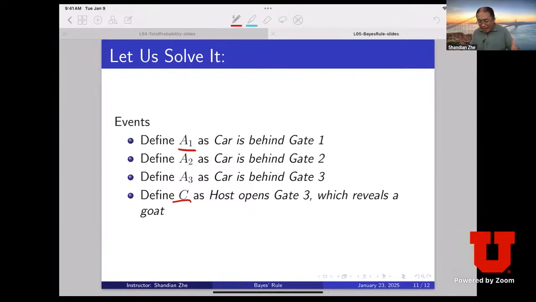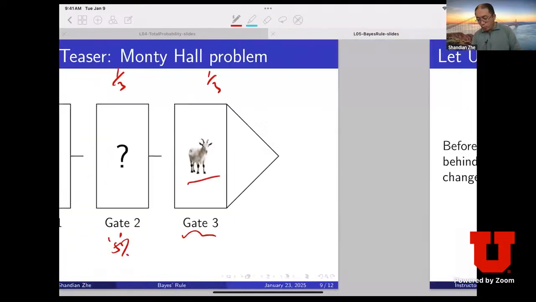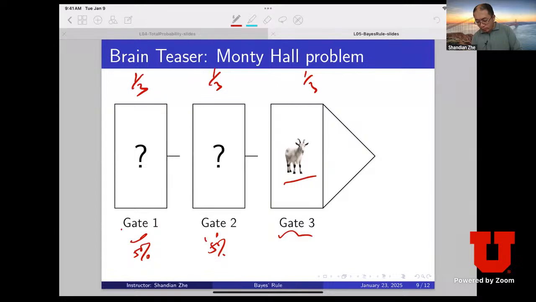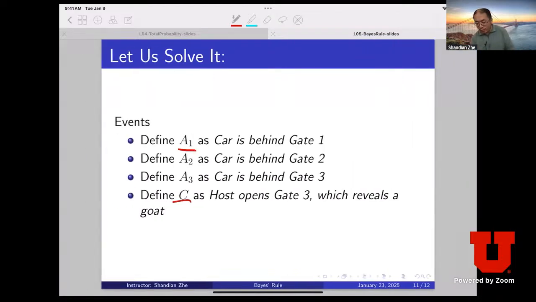If we want to look at whether we should switch to gate 2 or stay on gate 1, we need to look at the conditional probability of A1 given C and the conditional probability of A2 given C. Given that the host opens gate 3 and reveals a goat, what's the chance the car is behind gate 1, which is A1, or behind gate 2, which is A2?